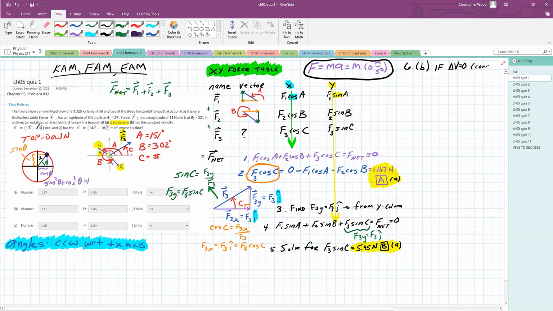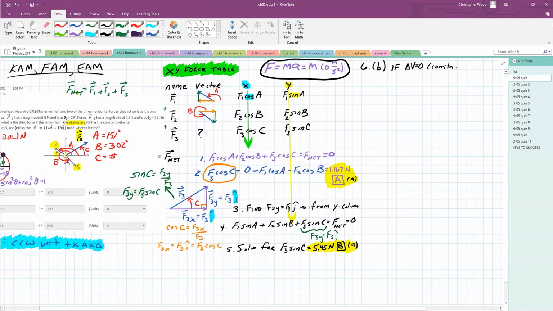Constant velocity means it doesn't change, which means delta V equals 0. If the velocity is constant, find, once again, F3. Specifically, find the I hat component of F3 and the J hat component of F3. The I hat component refers to the X component. The J hat component refers to the Y component.